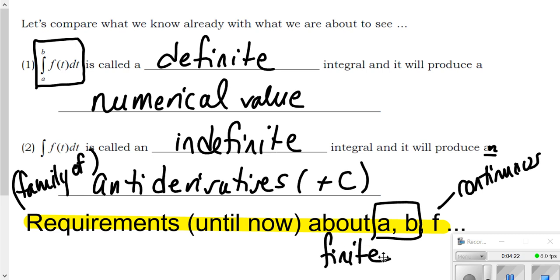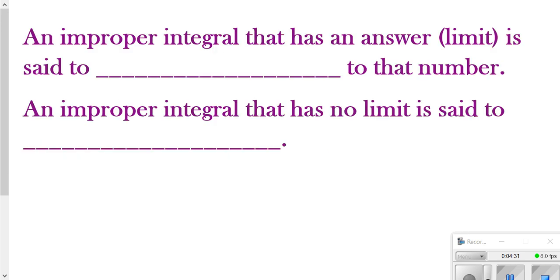That is going to change as of today, but when those conditions change, you then have something that is called an improper integral, okay? Discontinuous or infinity in a bound. An improper integral that actually has a value, because some of them do, is said to converge to that number. So it might remind you of series, which shouldn't be shocking because aren't integrals limits of series, limit summations? Yeah.